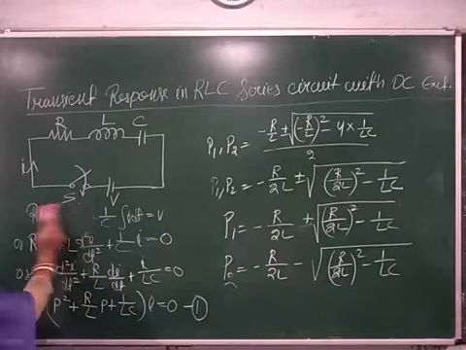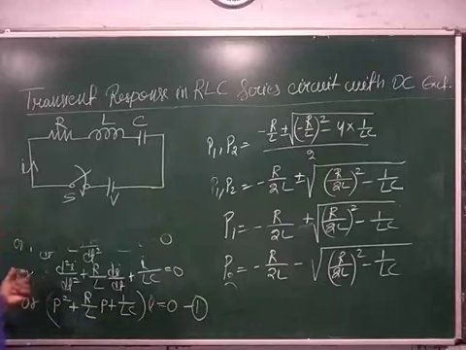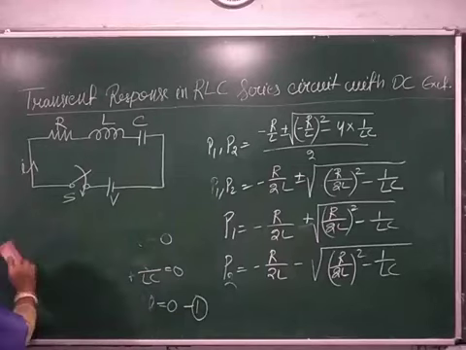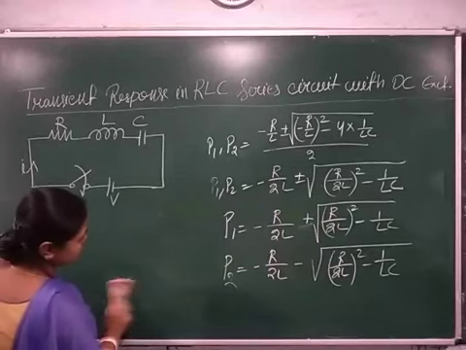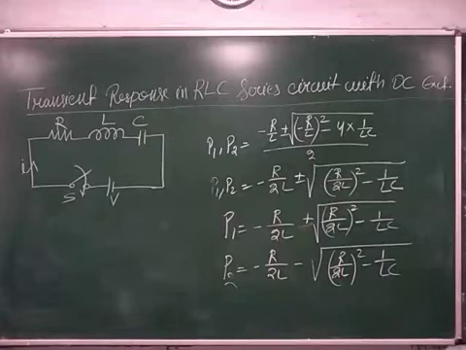Suppose in case 1, these are the roots of this differential equation, and as you know, for a homogeneous equation there is only one solution, that is the steady state solution.